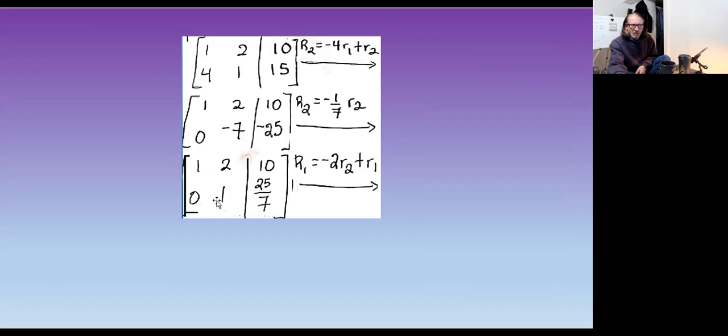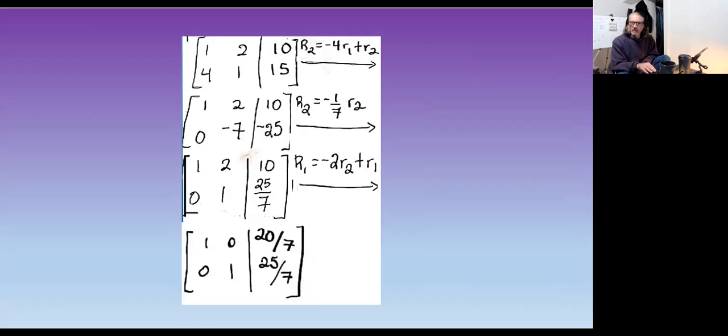Let's see, -2 times 1 plus 2 will give me the 0 I want. And then -2 times 25/7 will give me -50/7. I'll write the 10 as 70/7. So -50/7 plus 70/7 will give me 20/7. And that is going to give us the A coordinate of that point of intersection.